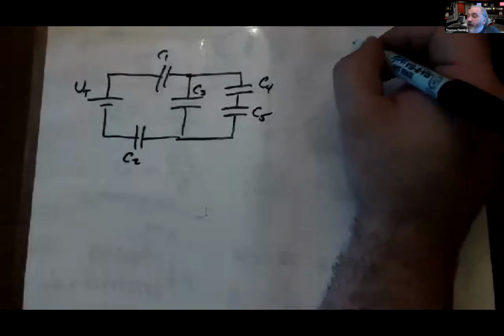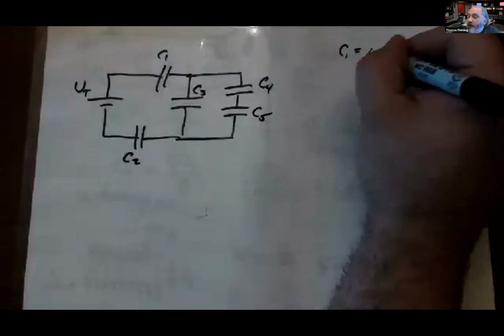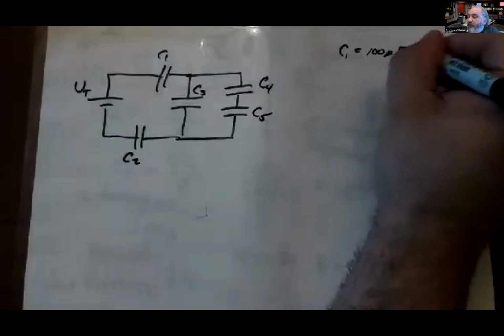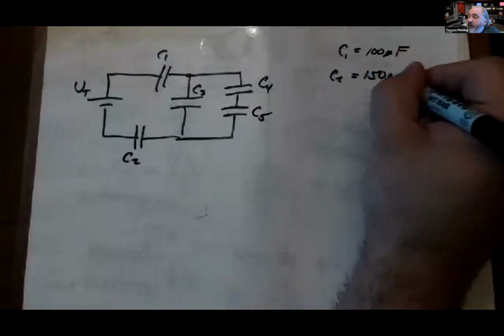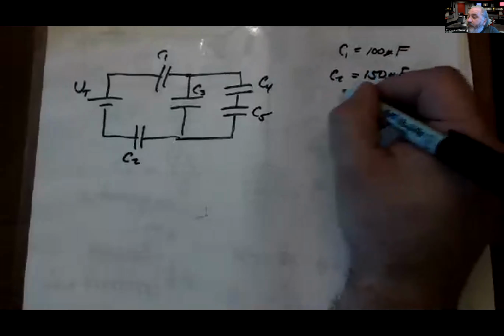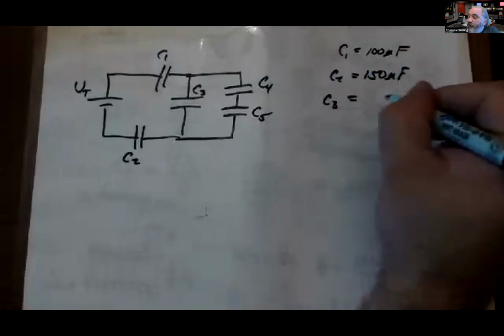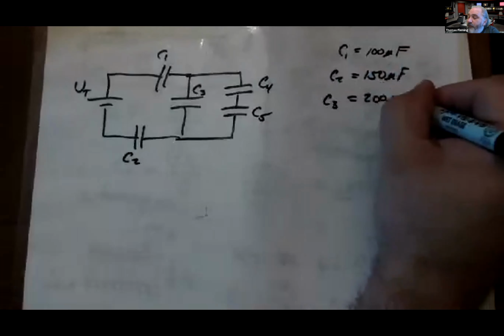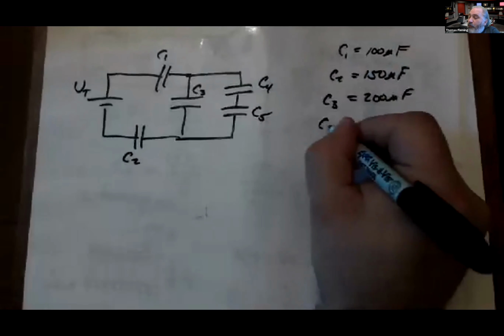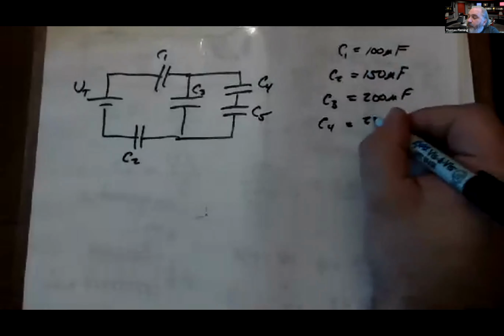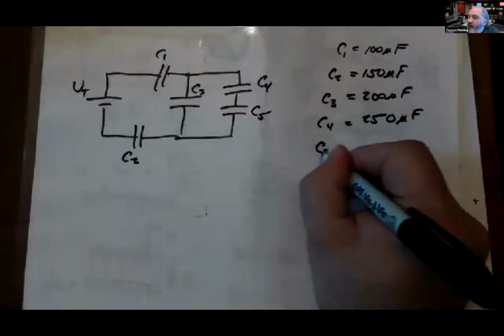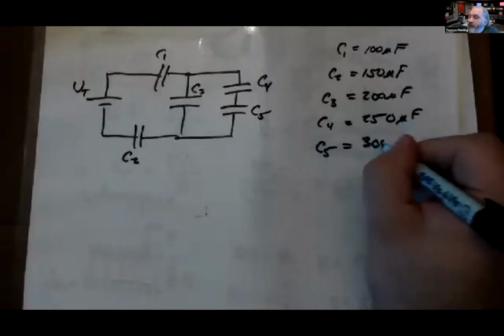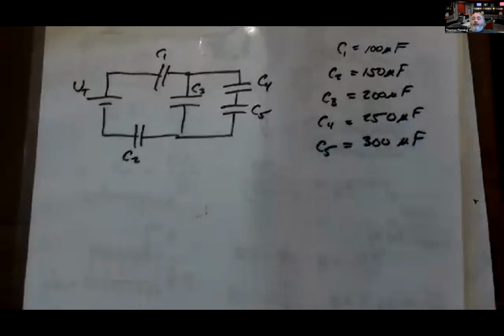And let's go ahead and say that C1 is equal to 100 microfarads. C2 is equal to 150 microfarads. C3 is equal to 200 microfarads. C4 is 250 microfarads. And C5, 300 microfarads.